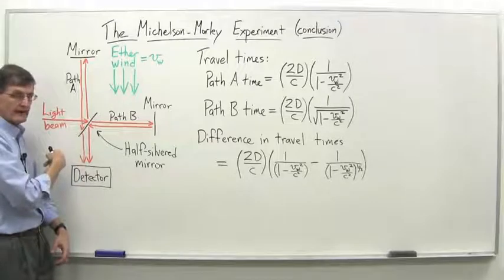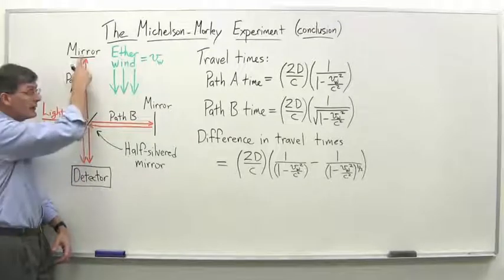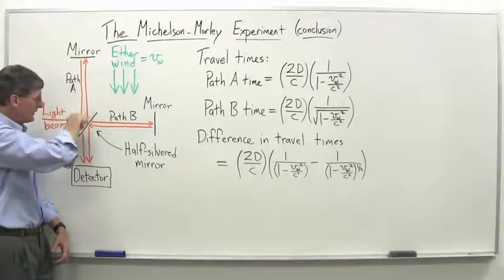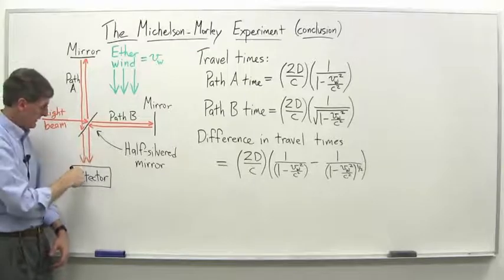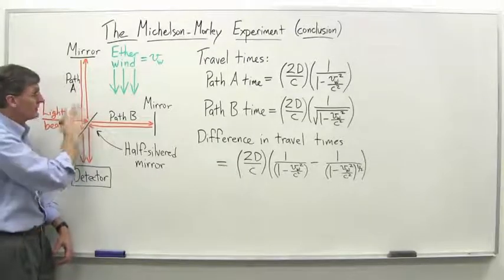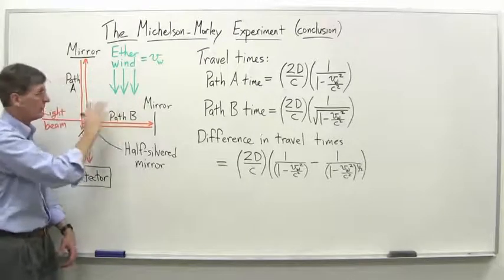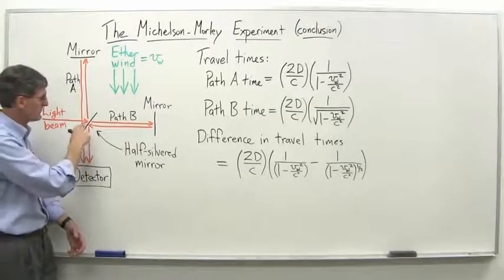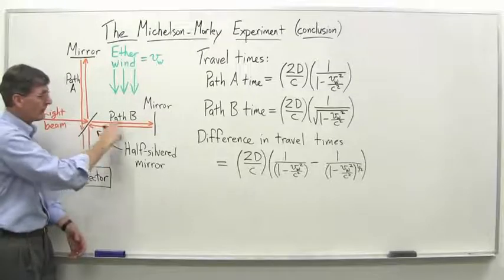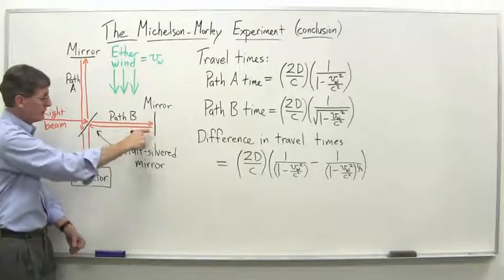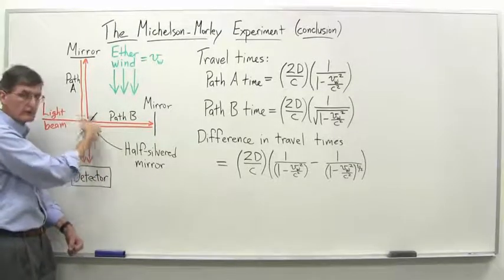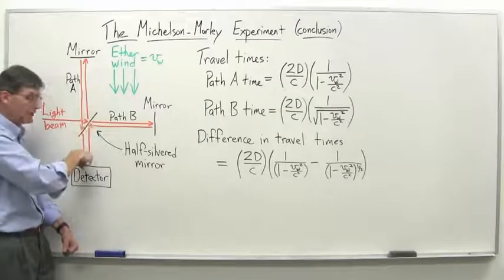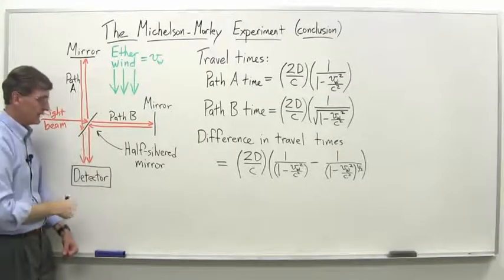So that's path A, off the half-silvered mirror, up to this full mirror, back down again through the half-silvered mirror and to the detector. And then path B, which is going crossways in comparison to the ether wind that's assumed to be there, goes through the half-silvered mirror, bounces off this full mirror, back to the half-silvered mirror. Some of it goes straight through, but some of it will bounce off the half-silvered mirror and end up at the detector.